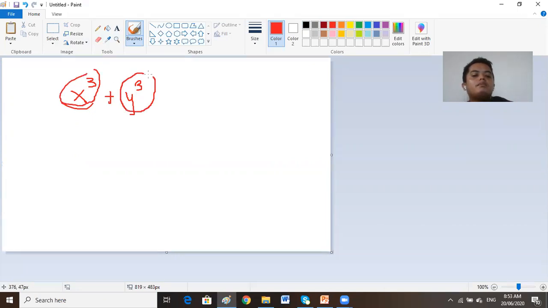Same here, if this can be cube rooted. After that, the result of the cube root of x will be right here. And since this is plus, you put plus. And the cube root of y cubed is y. So therefore, copy y.